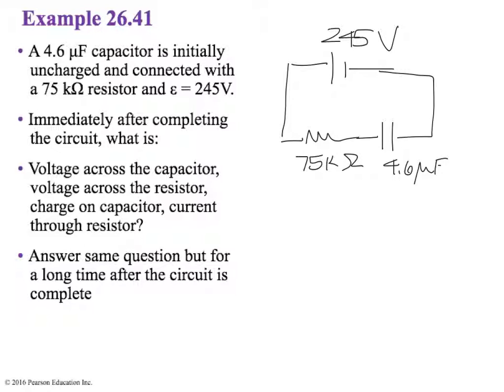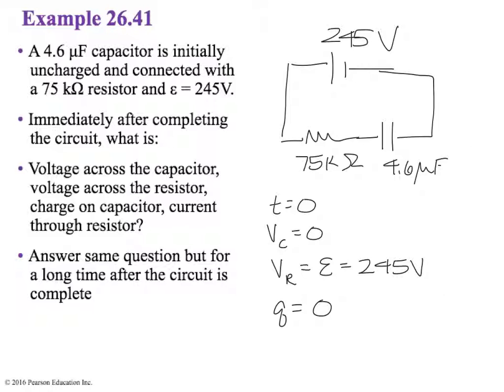So remember what happens when we first start charging the capacitor. At t equals 0, the voltage across the capacitor is 0, while the voltage across the resistor is equal to that of the EMF, which would be 245 volts. The charge on the capacitor, of course, is 0 when we first start because we haven't charged it yet.